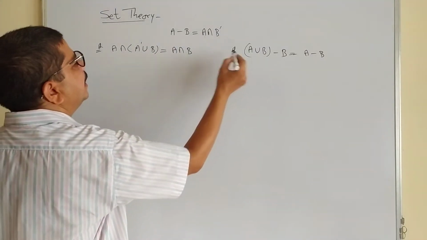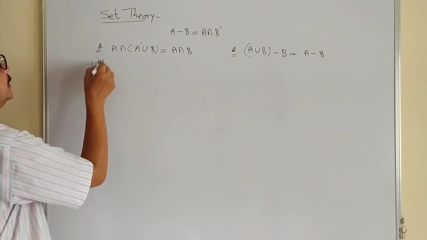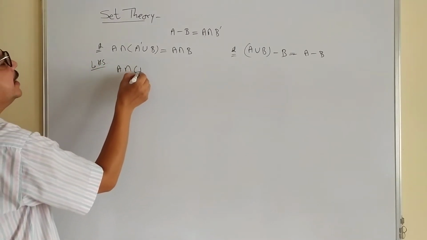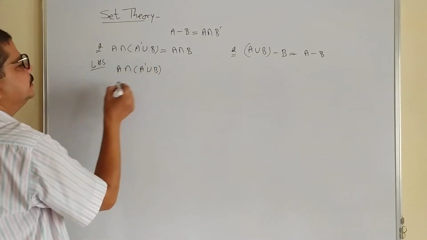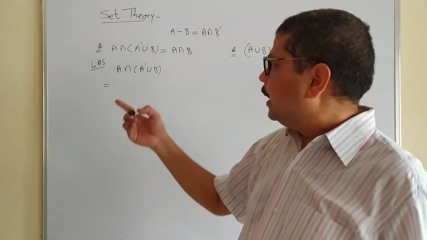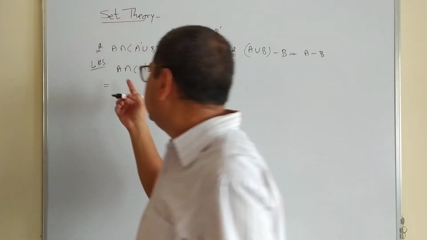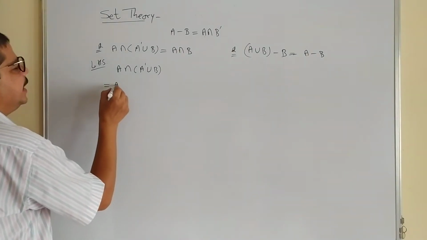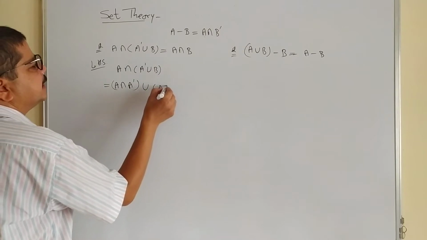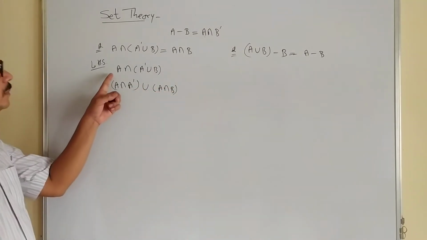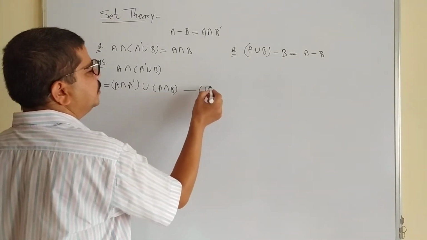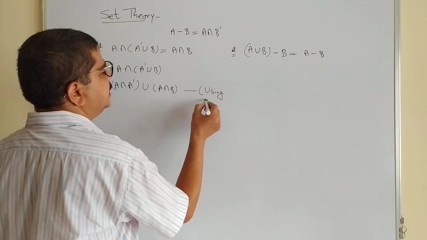Again taking left hand side of this, it is A intersection A dash union B. Now A intersection A dash union B, as we know, distributive law is applicable. So it is A intersection A dash union A intersection B using distributive law.